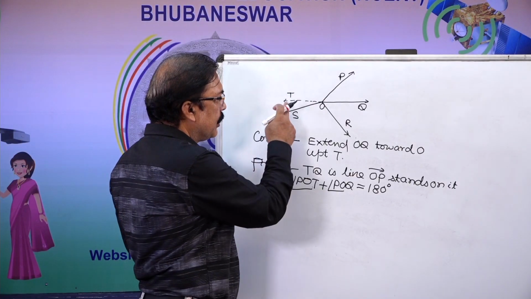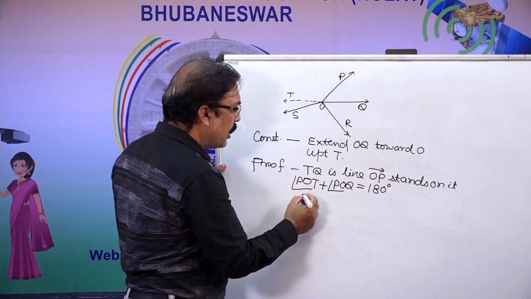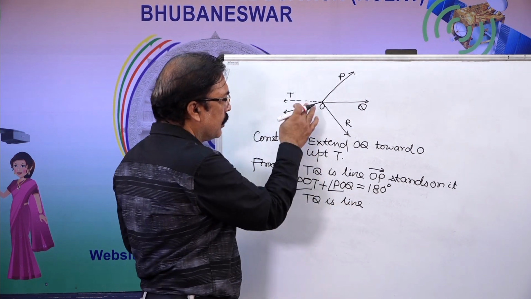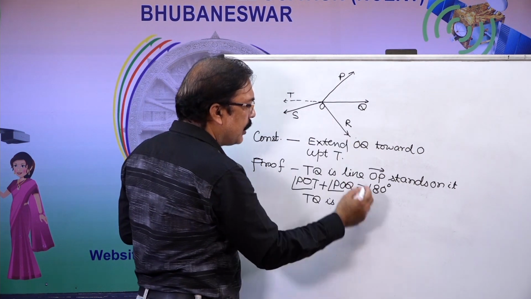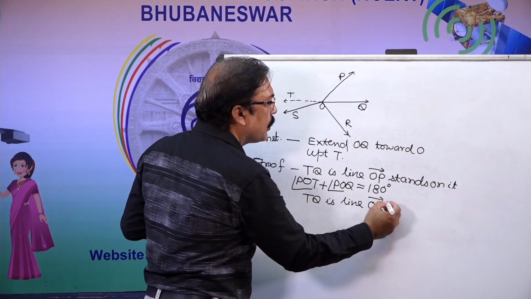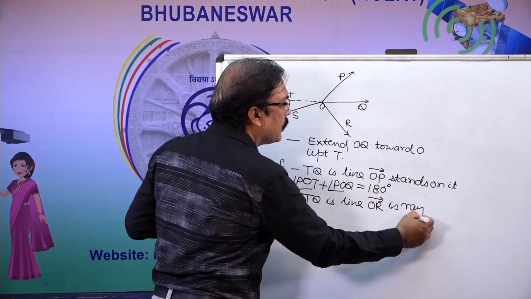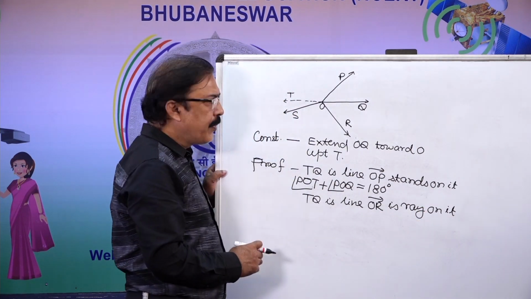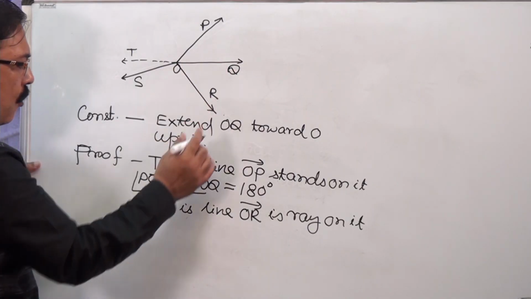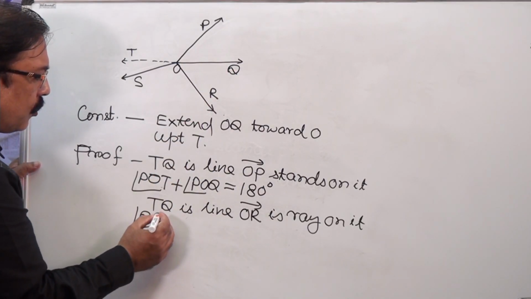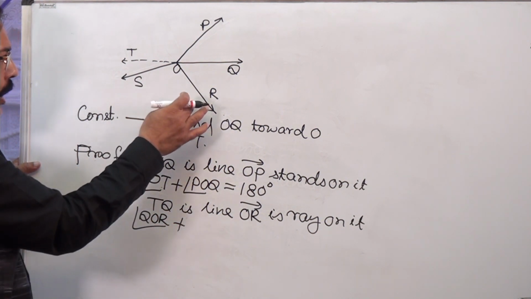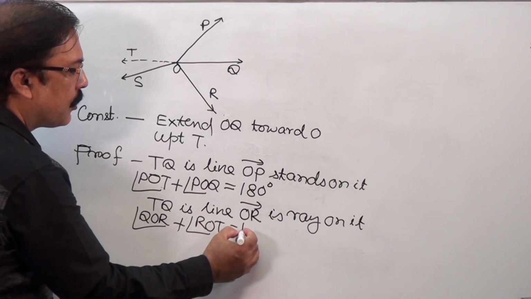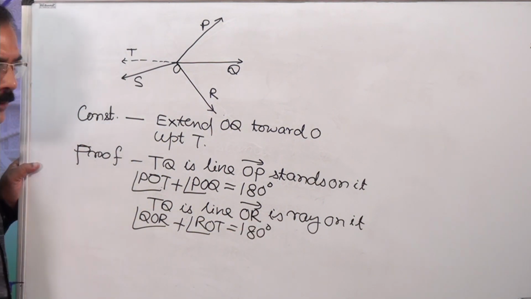Now again, PQ is a line and OR is the ray on it. Then what are the linear pairs in this case? Angle QOR plus angle ROT is equal to 180 degrees.